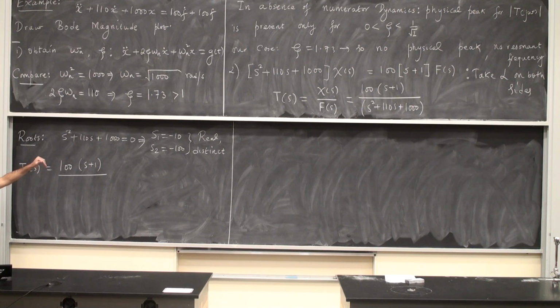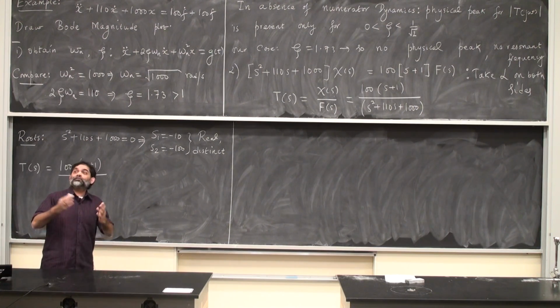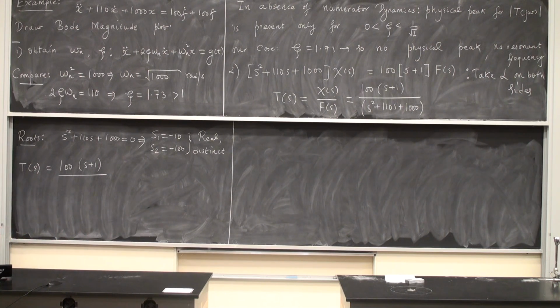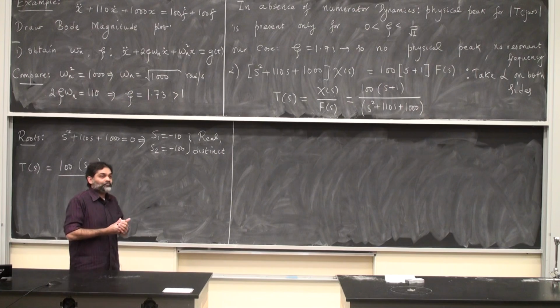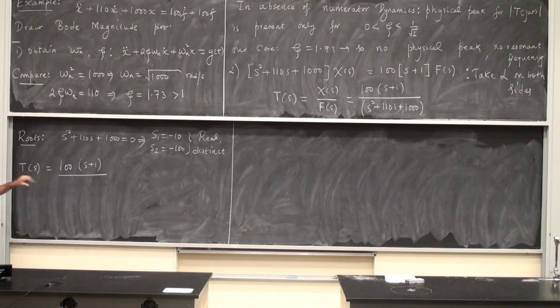What are S1 and S2 called in our typical jargon for ME3260? Poles of the system, absolutely. What's S equal to minus 1 in the numerator called? That's called the zero of the system, right? When S is equal to minus 1, the whole system transfer function becomes 0. When S is equal to one of the poles, the system transfer function becomes infinite. Okay? Alright, so I write it in the form that we've been seeing it in the past.